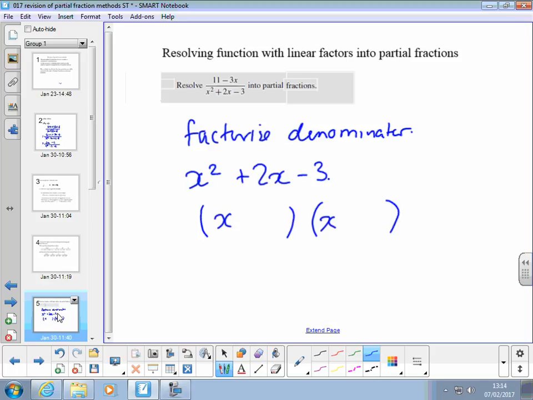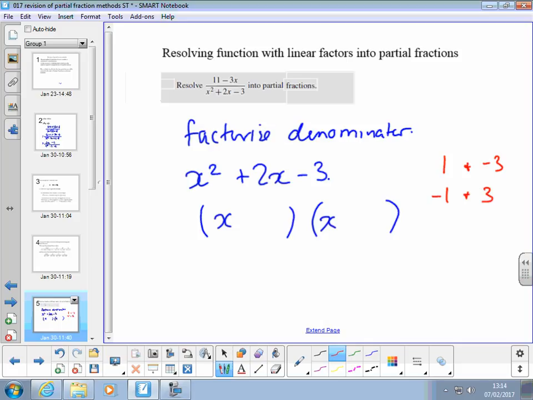Yep, exactly. So the way I tend to do it is write out the options that I've got for two numbers that multiply together to get minus 3. So what options will give us minus 3? 1 and minus 3, minus 1 and 3.